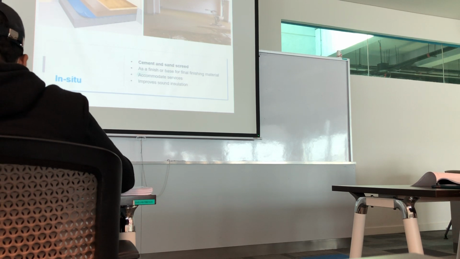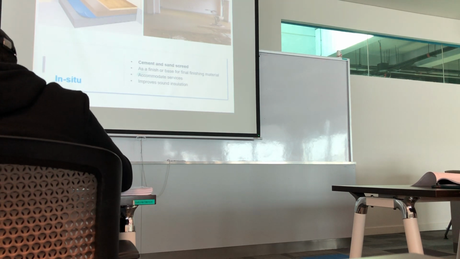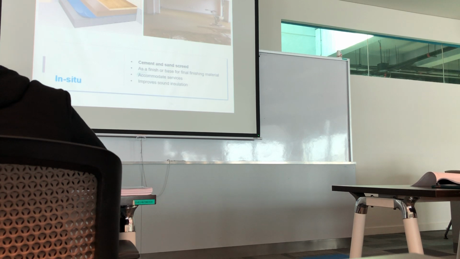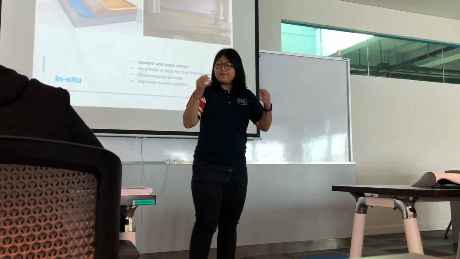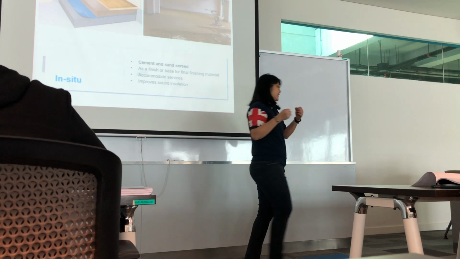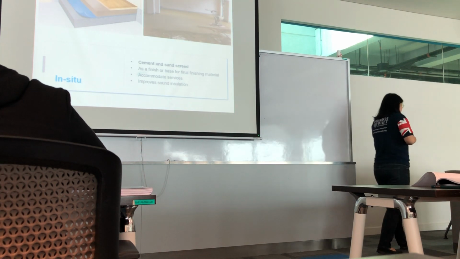So you need a screed on top to make sure that everything is flat. Also, in some circumstances, the screed is used as a bond to the finishes that you want to put, like tiles. You need the screed.